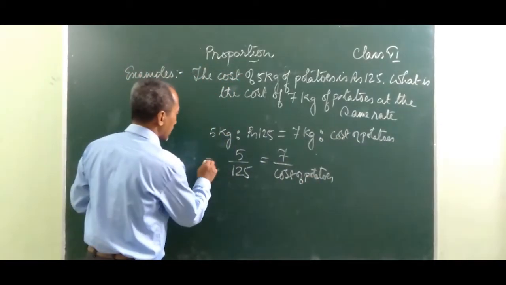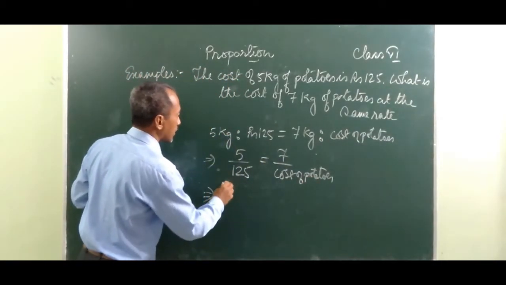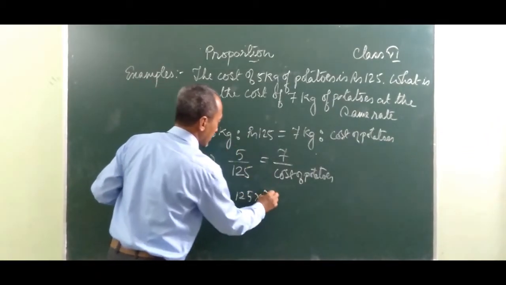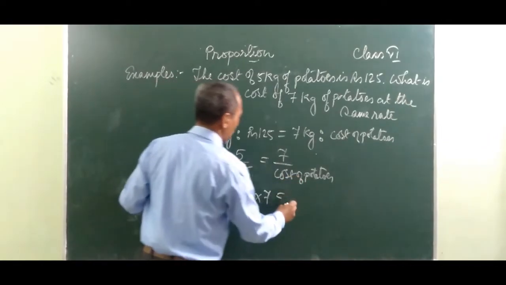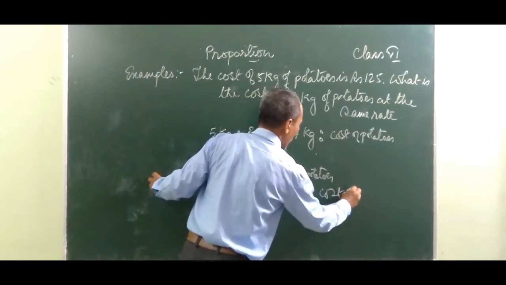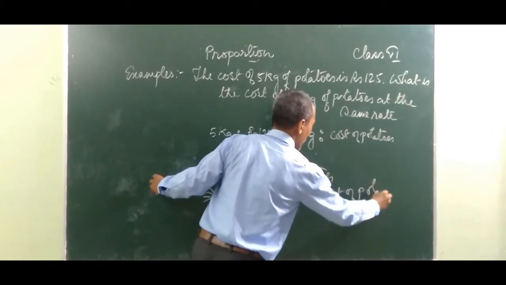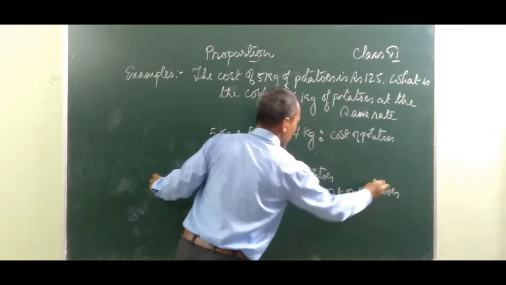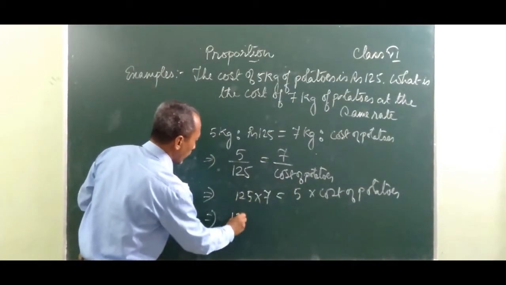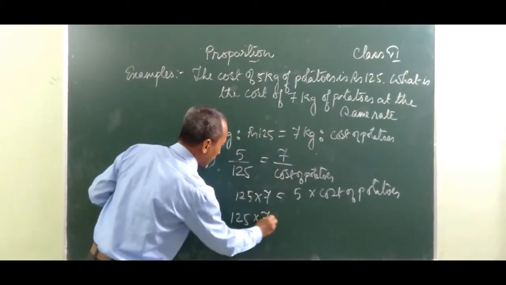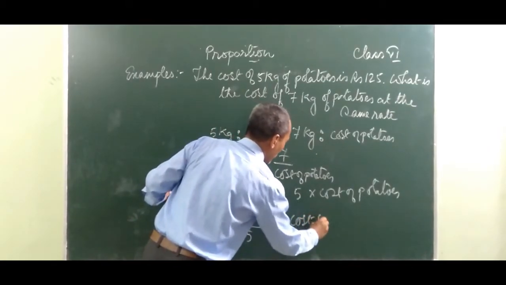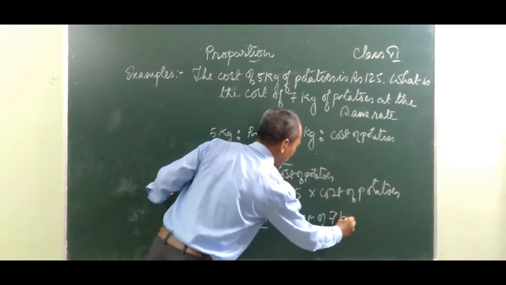So here the product of the two means is 125 into 7, which equals the product of the two extremes, 5 into the cost of potatoes. If we bring this 5 to this side, it becomes 125 into 7 by 5 equals the cost of 7 kg potatoes.